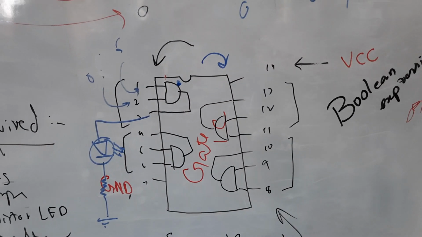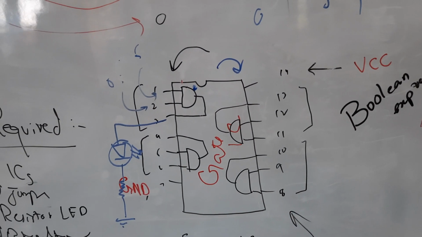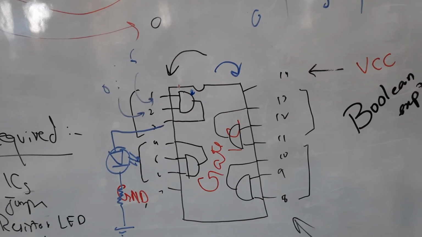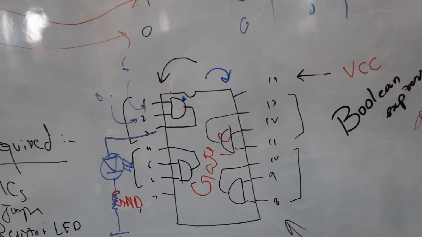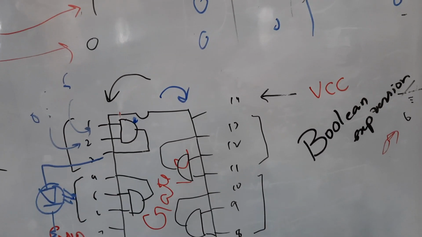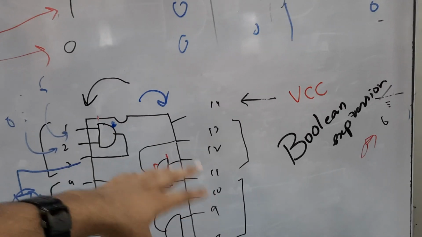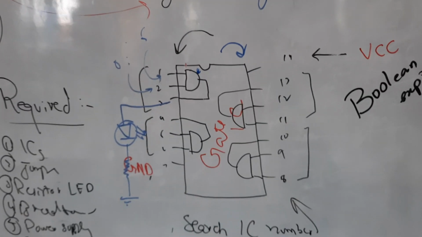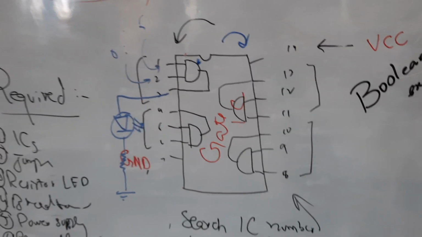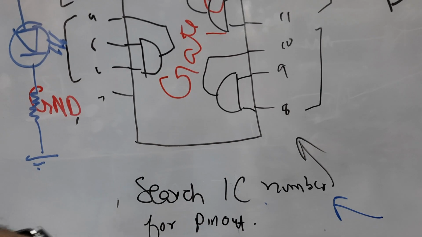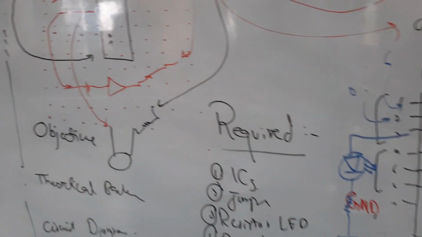You will search it on Google with pinout, and then you will find a diagram containing the exact arrangement of gates, and where the inputs are and where the pins for powering up the IC are. So it's always better to search the IC number for the exact pinout.